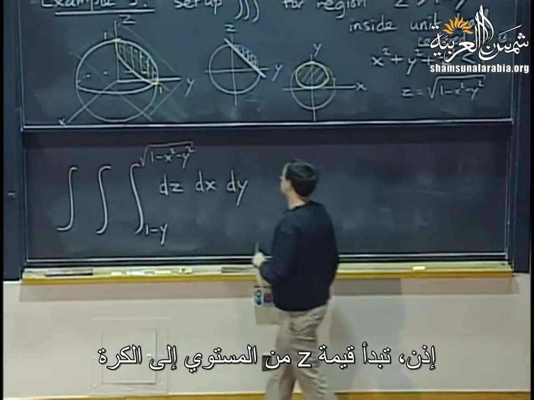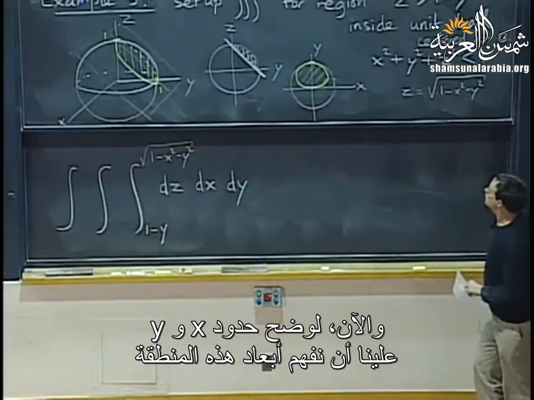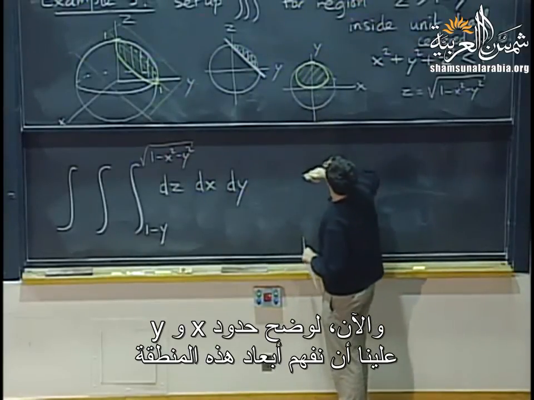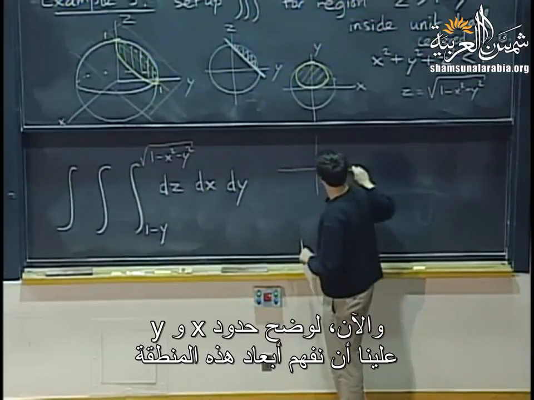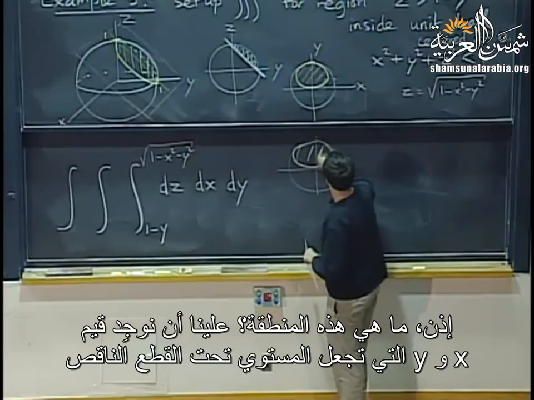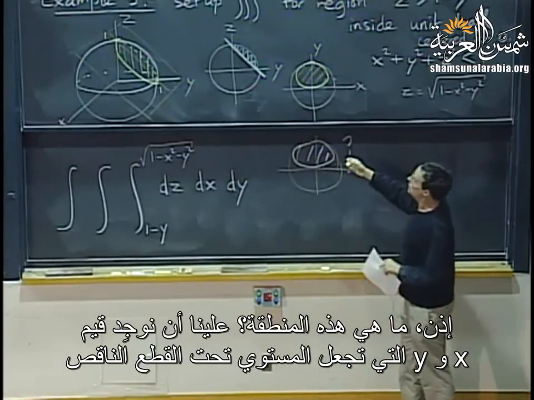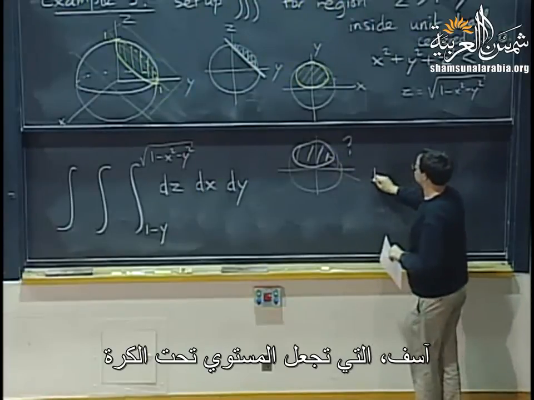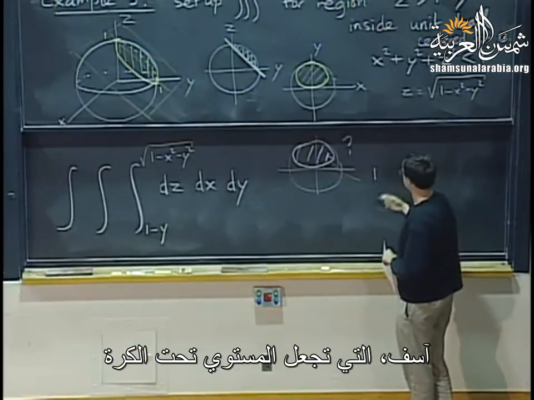to the sphere. And then to find the bounds for x and y, you have to figure out what the heck is this region here, okay? So what is this region? Well, we have to figure out for what values of x and y the plane is below the sphere.